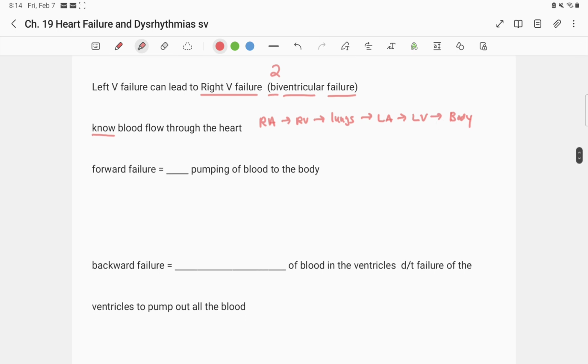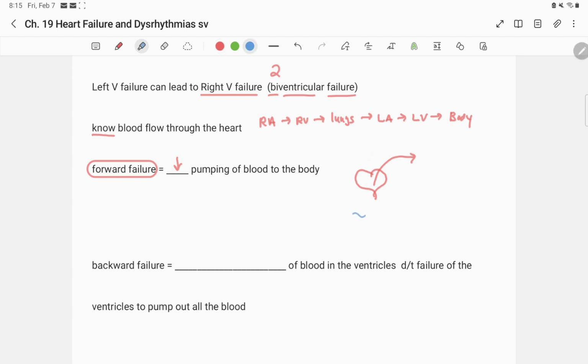Okay, so we have forward failure. Forward failure is decreased pumping of blood to the body. All right, so when you think about the heart, when it squeezes, where's the blood going? Well, the left ventricle sends blood to the body, so they consider that the blood is moving forward. From heart to body is moving forward.